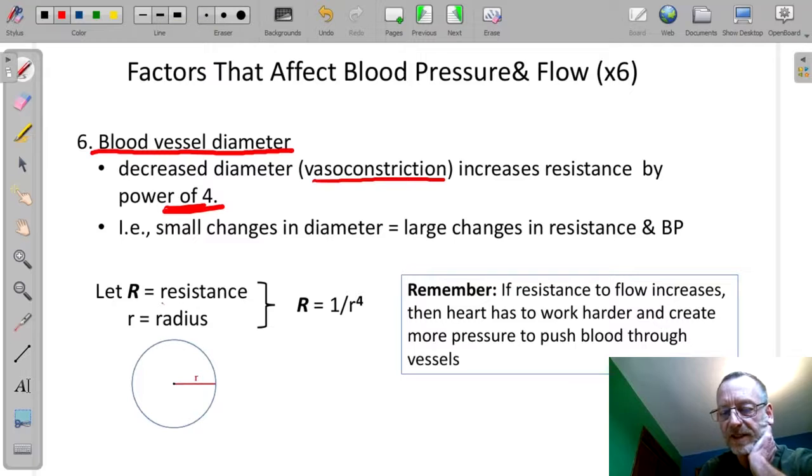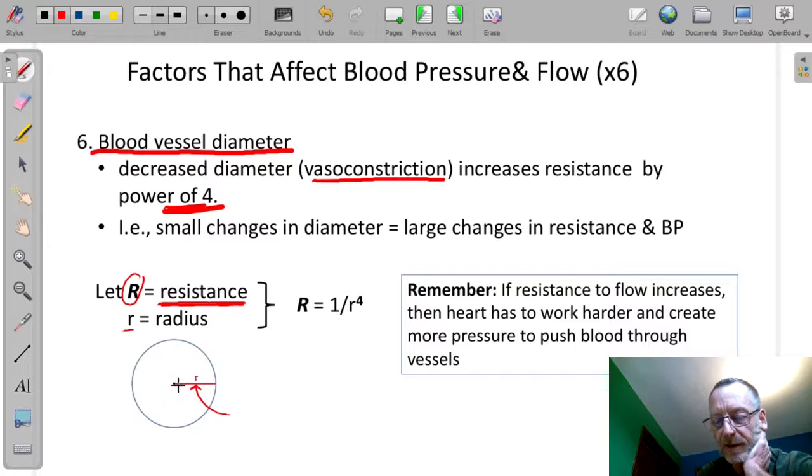So resistance is what we're talking about here. And that will roughly translate into blood pressure. But let's stick with the idea of resistance. And we'll let R, a big, bold, capital R, represent resistance. And the little r is representing the radius of a circle.